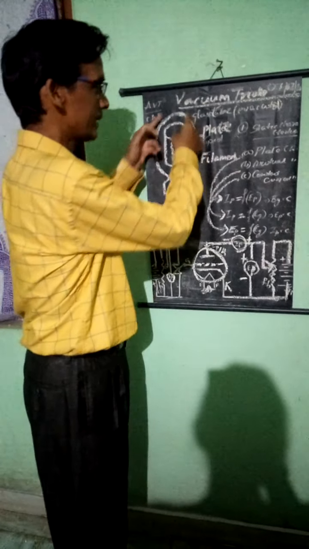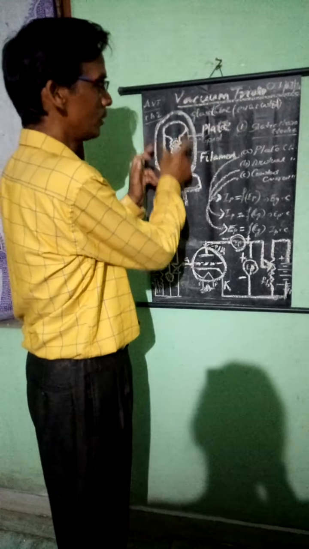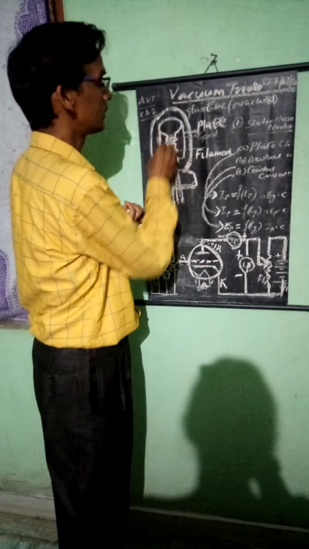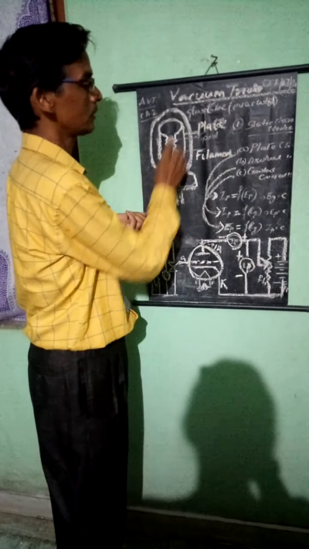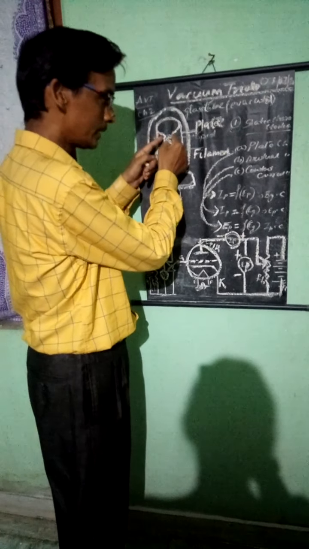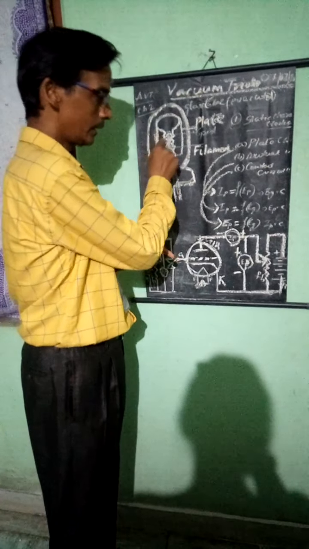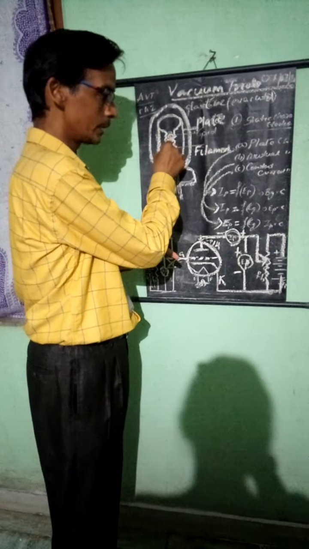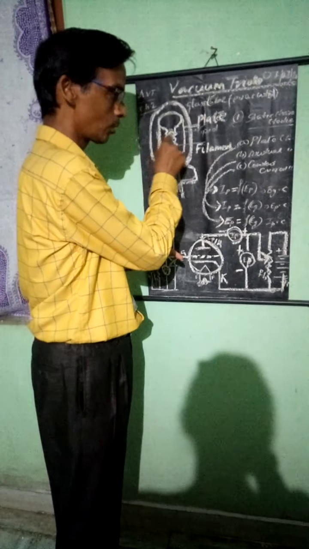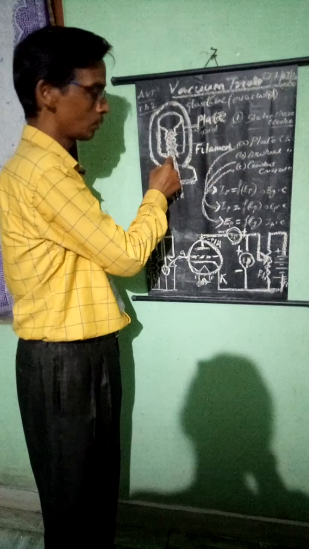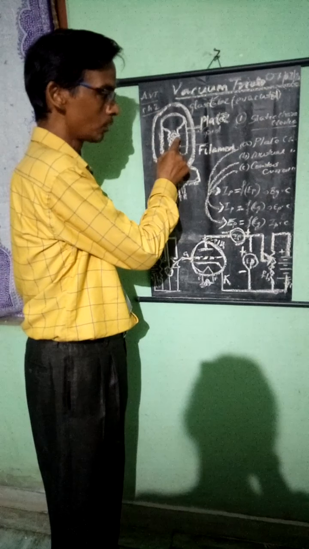This is the glass envelope. In between, you see, this is called the plate, the plate electrode or anode. Then inside there is another electrode called the control grid. And then the filamentary cathode exists, surrounded by the control grid.